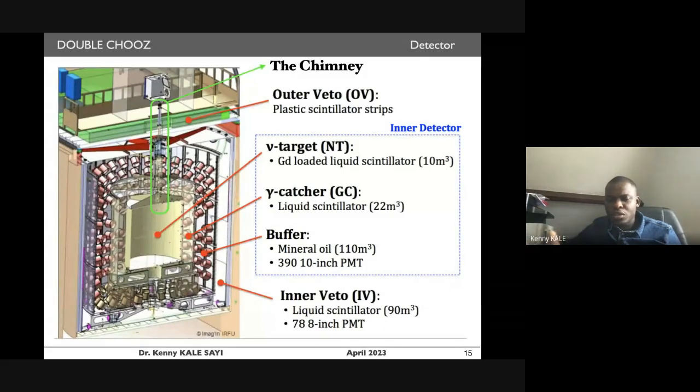We have two like this, the near and the far detectors. These detectors are filled with a liquid we call scintillator, in which there are protons that allow the neutrinos to interact and then be detected. They are so huge because you want to maximize the probability of neutrino interaction inside your detection volume.